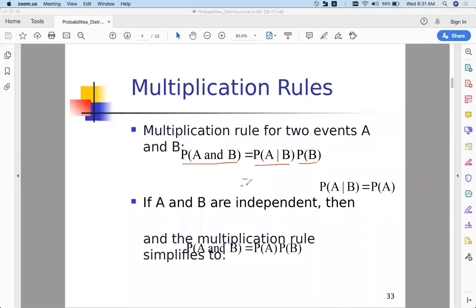At the same time, can I write it as P of A multiplied by P of B given A? Because P of B given A, I can expand as P of B and A divided by P of A, and P of A will get cancelled. You'll get back P of A and B.